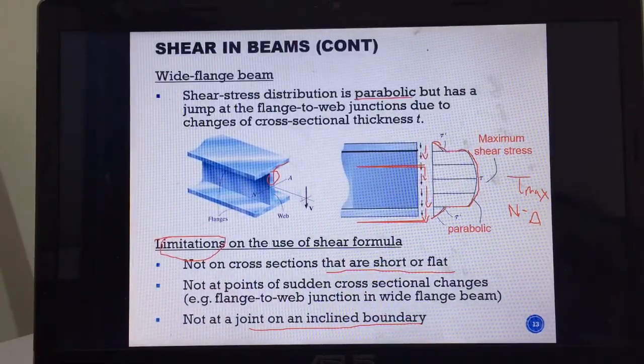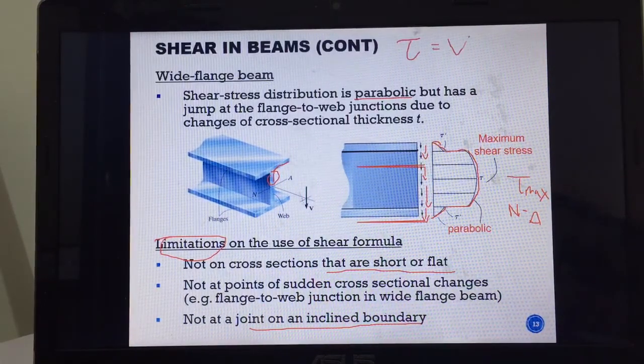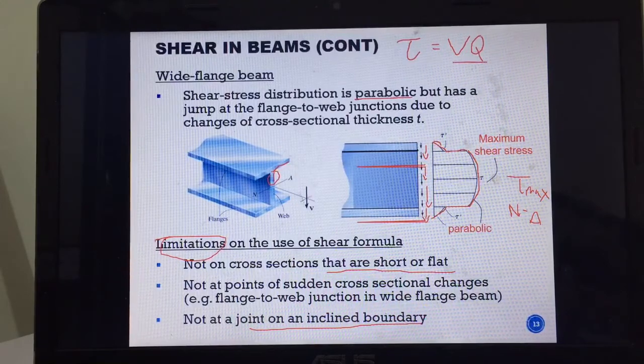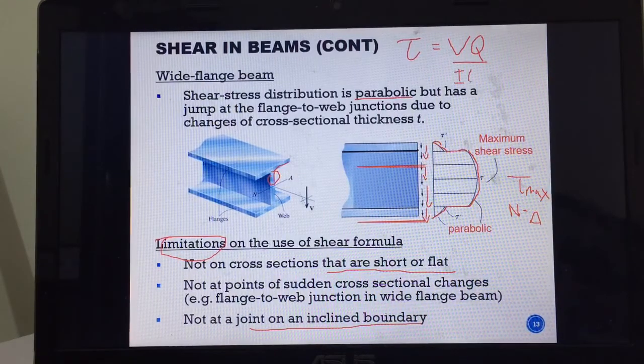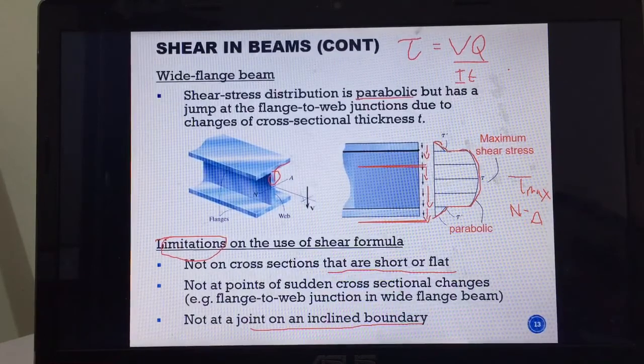Remember, when you use this formula, tau equals VQ over IT, again, it is an estimation. You have to be careful and look at the limitations.